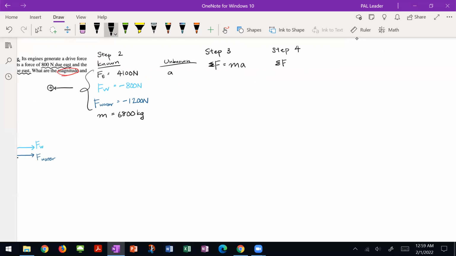Our net force is Fe for the engine plus F wind plus F water equals the mass of the boat times the acceleration of the boat. We are asked to find acceleration, so I'm just going to divide both sides by m and flip it so it looks pretty.